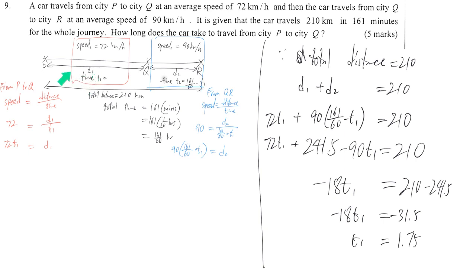That means the time span from here to here is 1.75. The question is asking how long the car takes to travel from city P to Q, so we may answer that it is 1.75 hours.